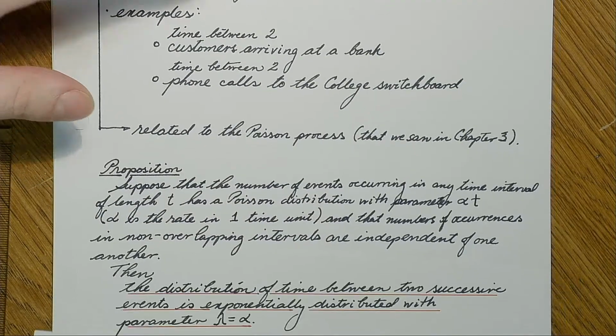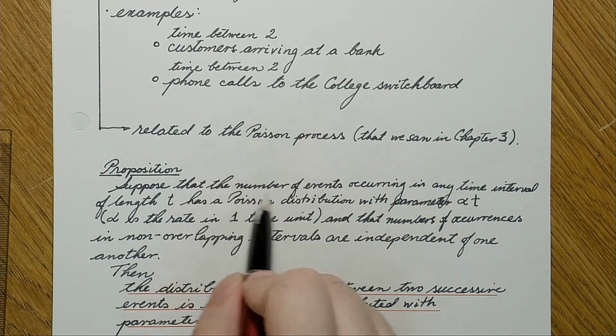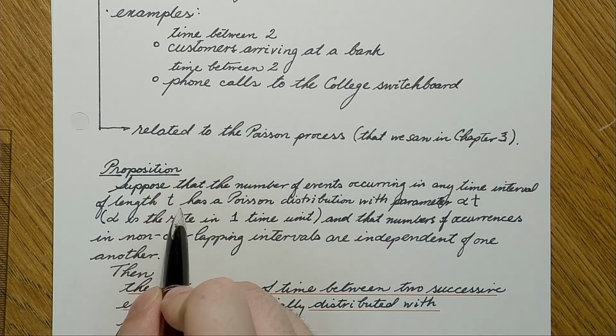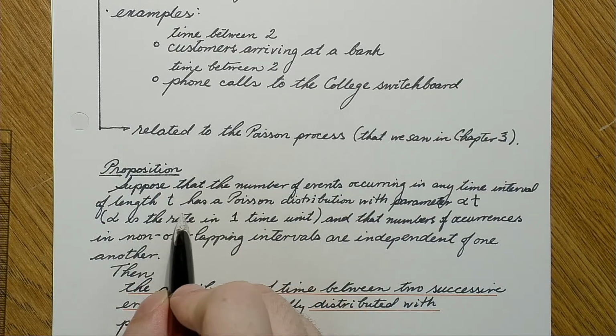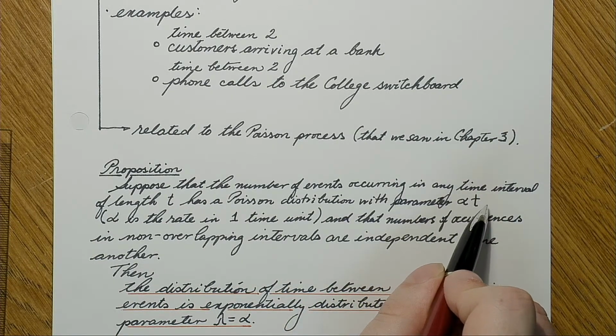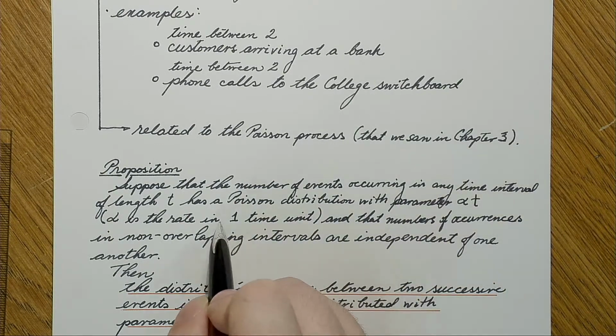So here is a very lengthy proposition. We're going to suppose that the number of events occurring in any time interval of some length t has a Poisson distribution with a parameter alpha t. And alpha is the rate of something occurring in one time unit.